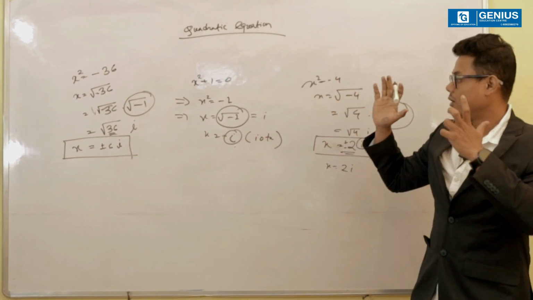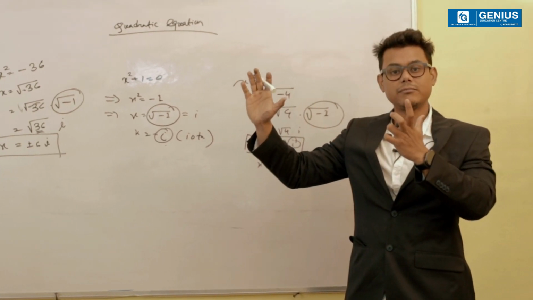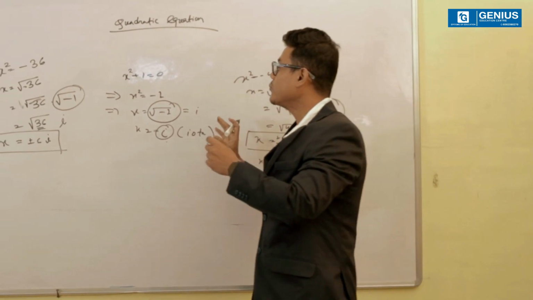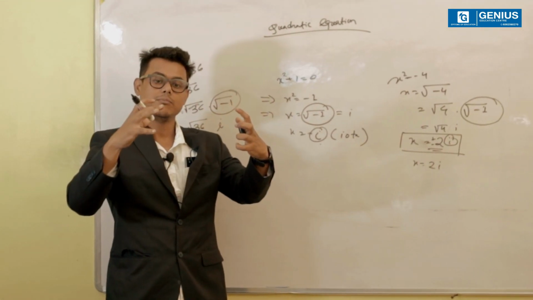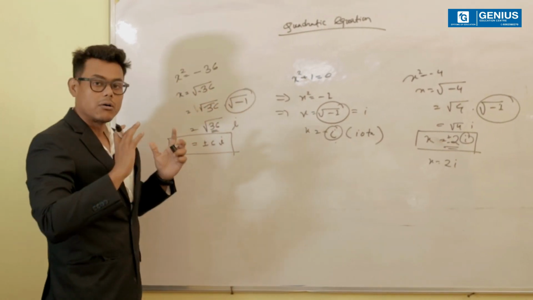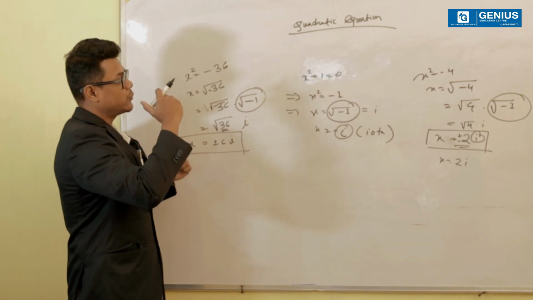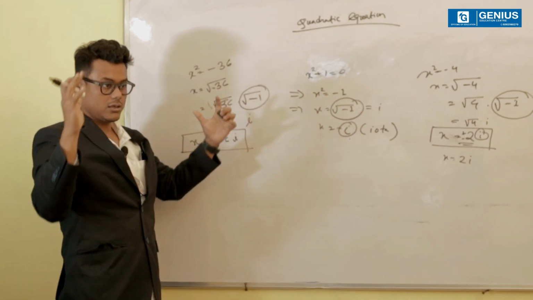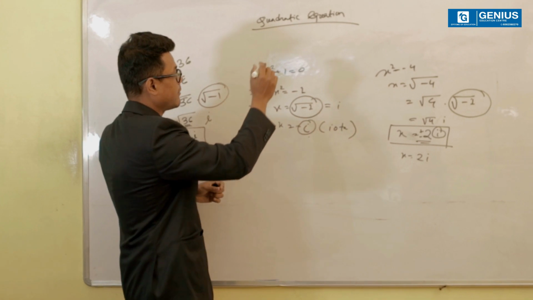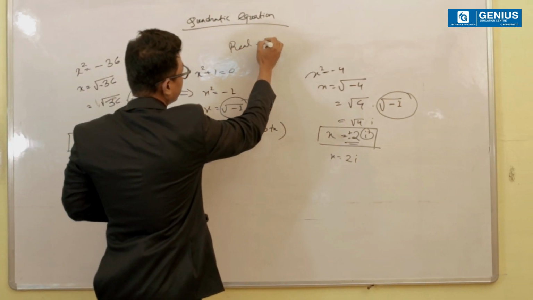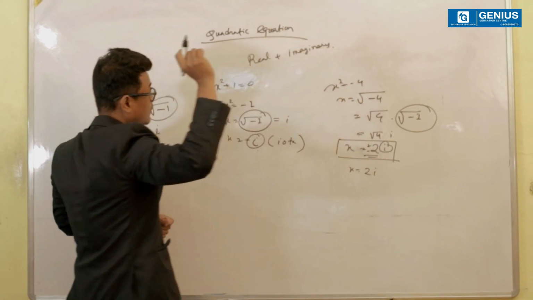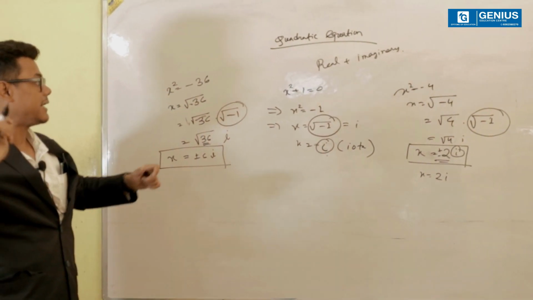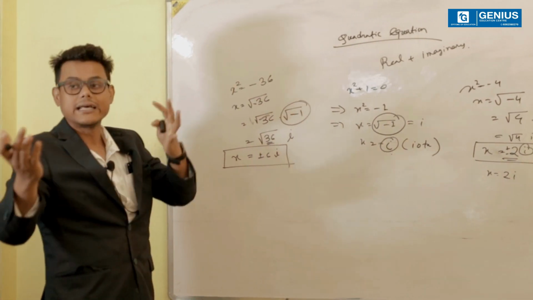We got the imaginary part of a complex number, and then we already have the real part of a complex number, and together both become the complex number. So now we will come to the whole complex number as a whole, where we have the real part and the imaginary part. We got the imaginary part from the quadratic equation itself, and the real part will come from our real numbers.